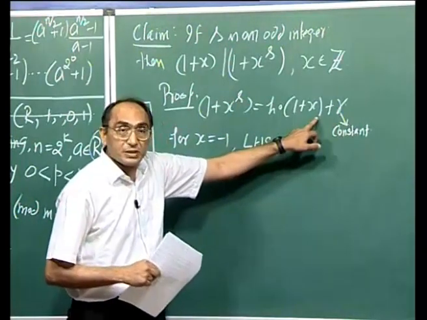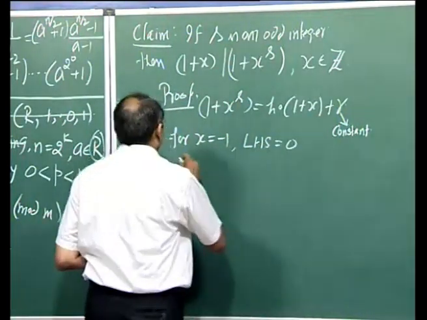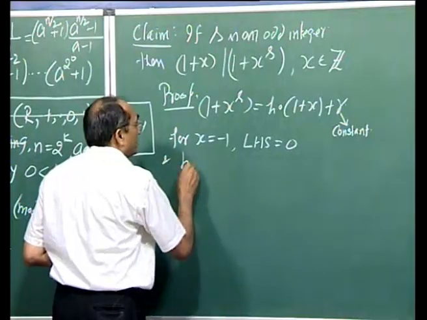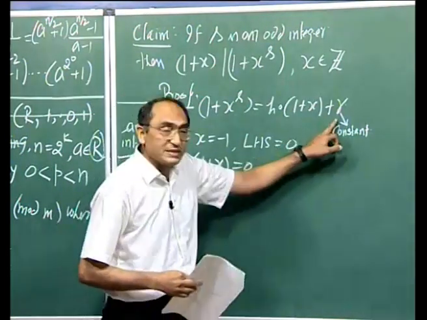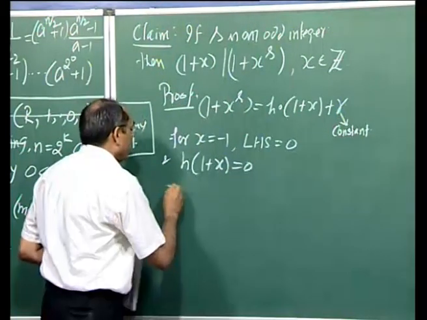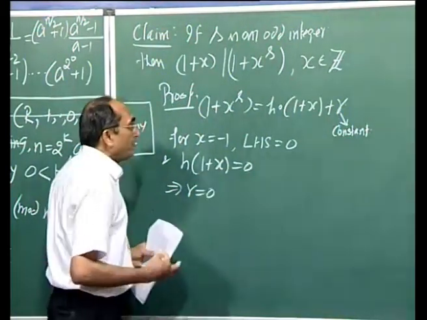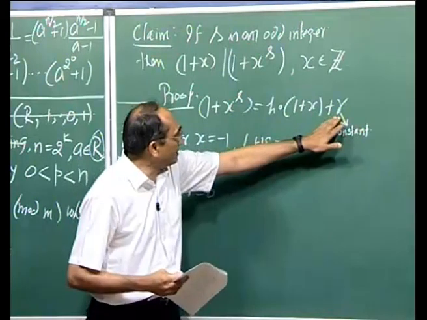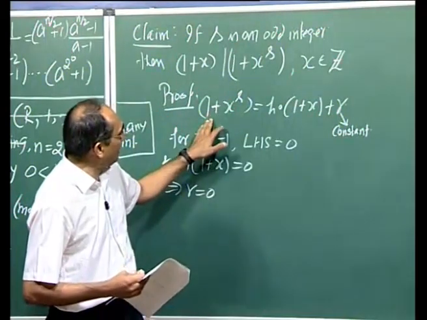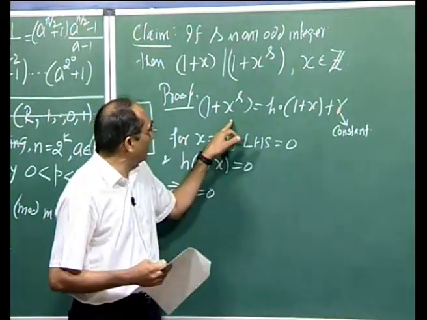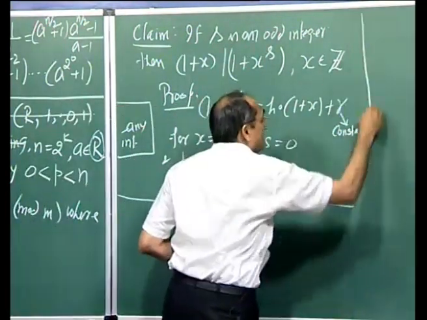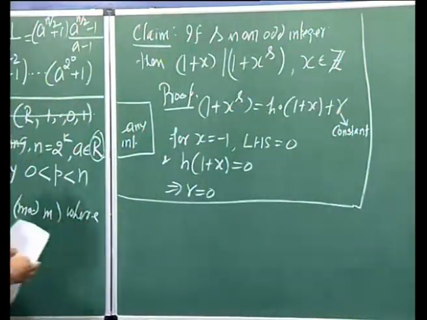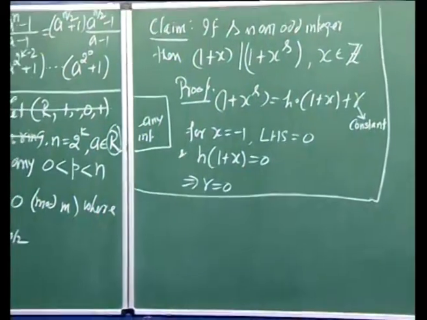This term is also 0, and h times (1 + x) is 0. Hence, r, which is a constant, must be 0. So, what we notice is that 1 + x divides (1 + x)^s. Now, this is a side result that I will need to prove this claim.